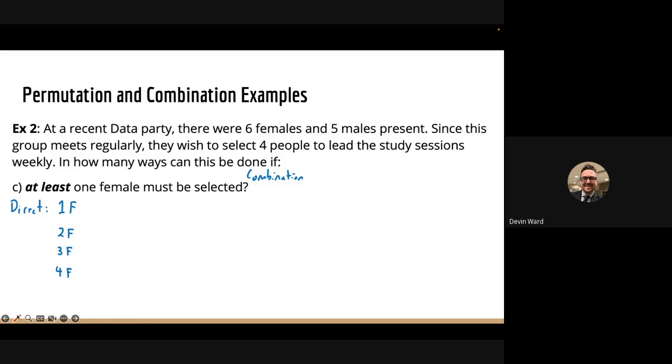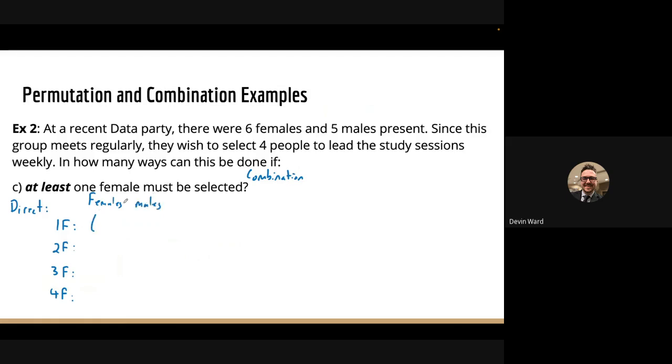Actually, I might move them all down just a touch because I want to have a little bit of label at the top. 2 females, 3 females, and 4 females. Okay. And then I'm going to separate them into the females that we're choosing from and the males that we're choosing from.